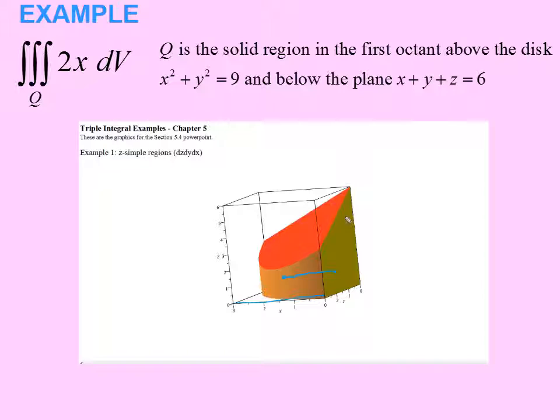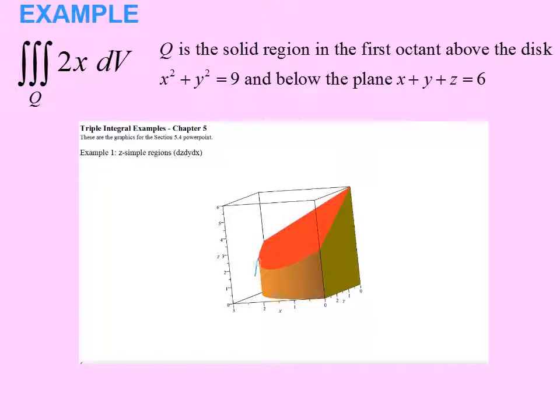But here, a line parallel to the x-axis would enter here and exit through the red surface. So again, we do not go from the same surface to the same surface.